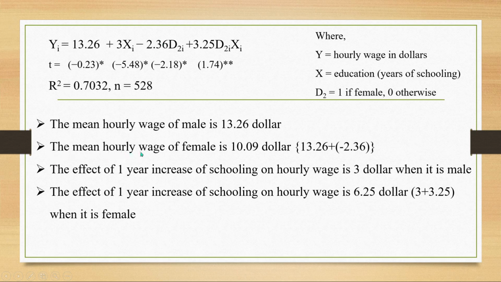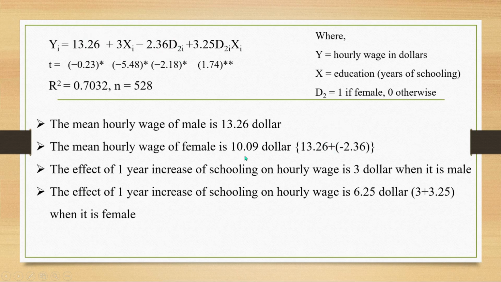Then we will get the mean hourly wage of female. That means the mean hourly wage of female is $10.09. Here we found the 10.09 by adding the intercept coefficient value to the dummy variable coefficient value. As the dummy variable coefficient value is negative, we subtracted it from the intercept value.